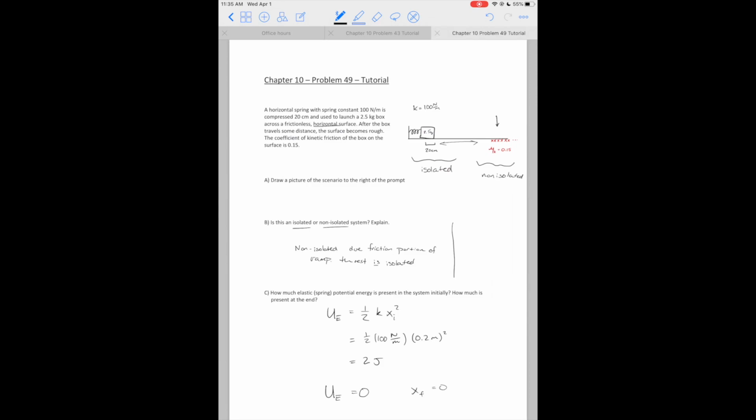Elastic potential energy was the only thing that we put into the system. Friction's taking it out. I convert from elastic to kinetic, and then take that out through the work done by friction. But that conversion from elastic to kinetic is actually not necessary to dive into to solve this problem.